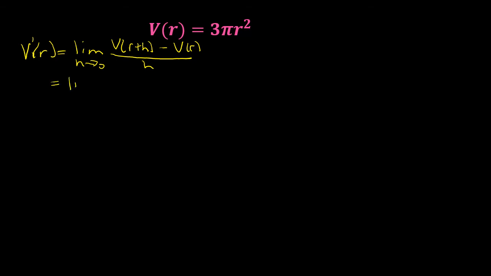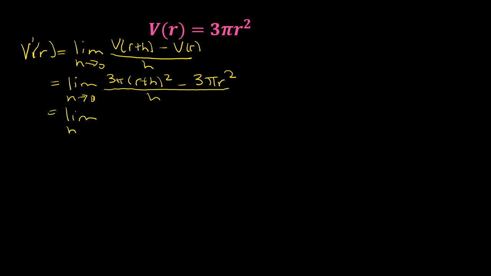So keep bringing everything down. Some of you are better off to hit pause and just do the work on your own. So this means I'm going to substitute in r plus h, subtract the original function, which is going to be 3 pi r squared, all over h.